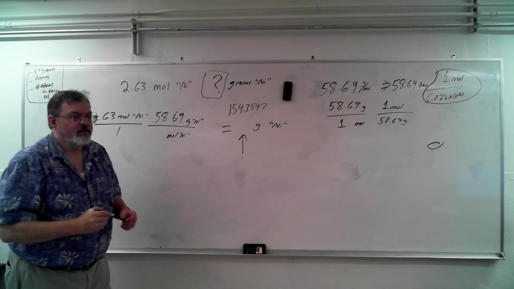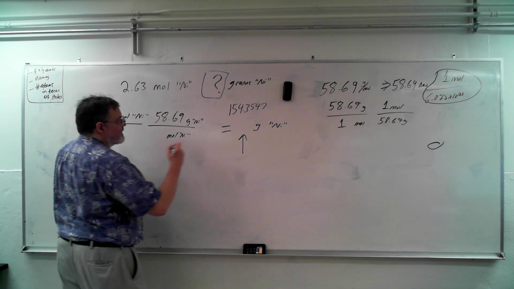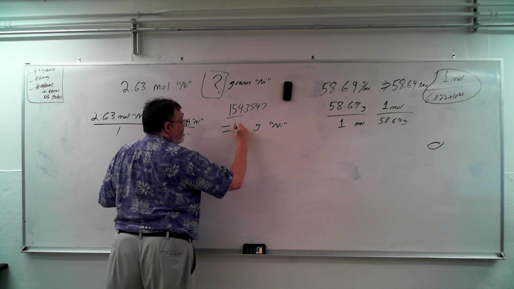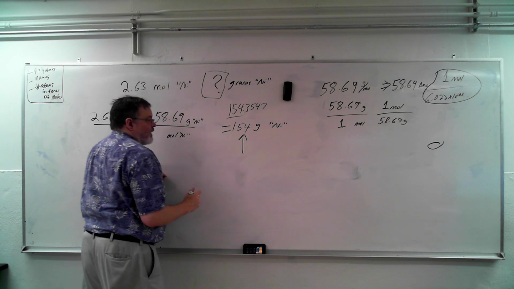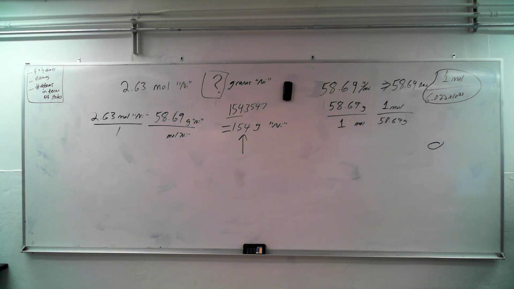Did you calculate it too? Yes. Is that what you got? Yes, and then it rounds down to, yeah, 3 significant figures. We've got those. The 3 does not round to 4, so 154. Hopefully, so that's it.